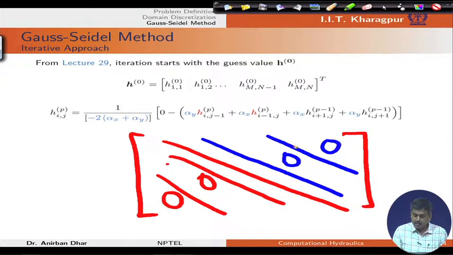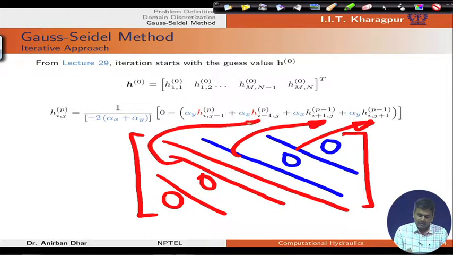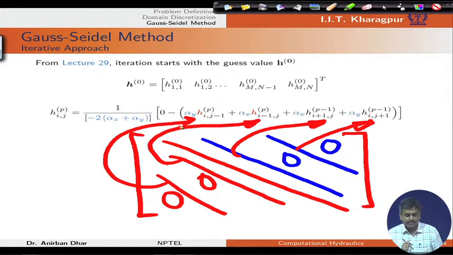So, this one is corresponding to this j plus 1, this one is I plus 1, and this lower one is this one, and finally this one is there. So, if we construct our original matrix, then this will look like this, but without constructing itself we can solve it.